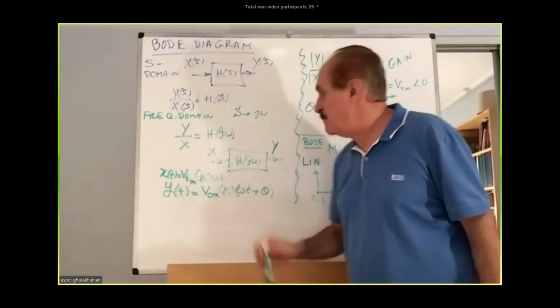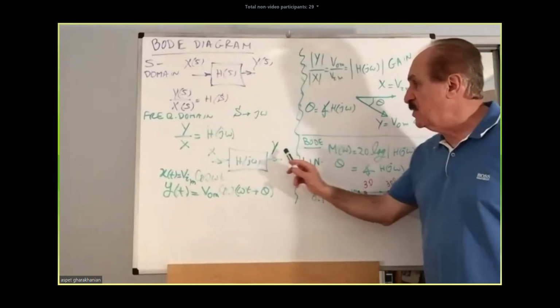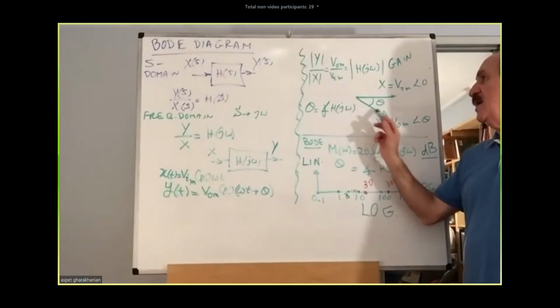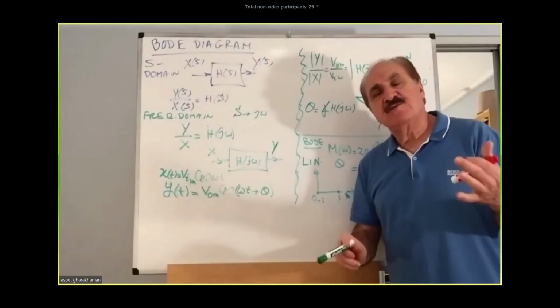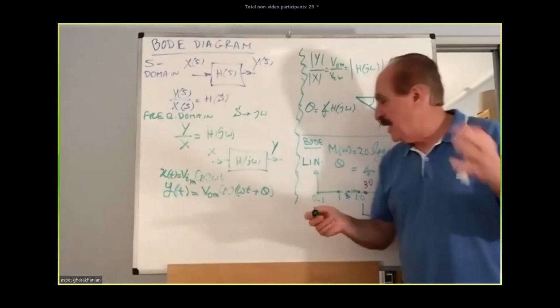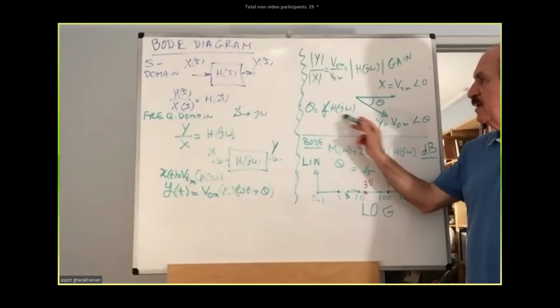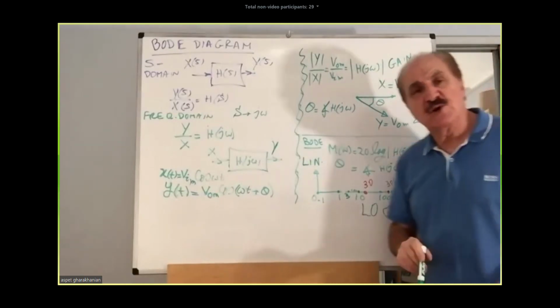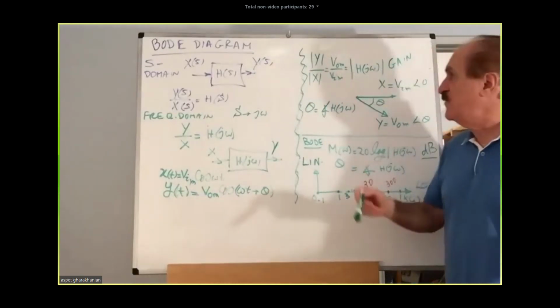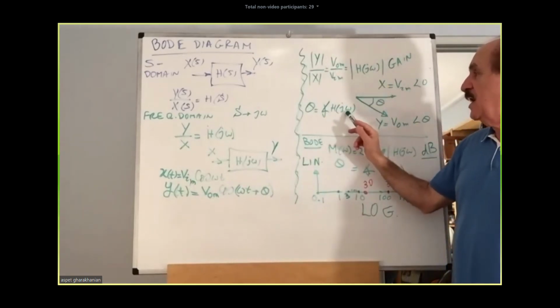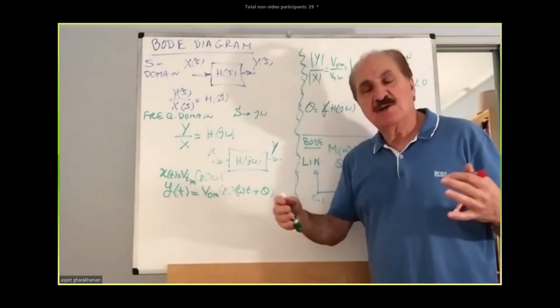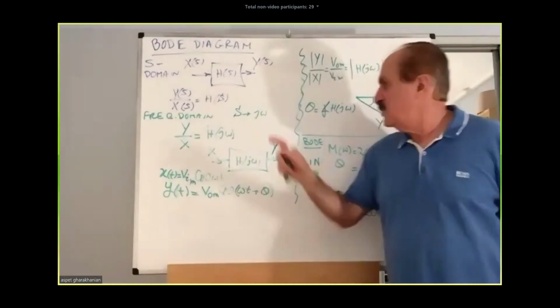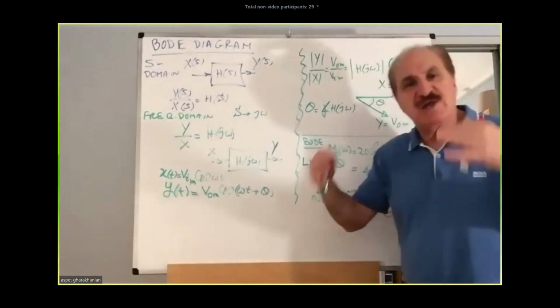So convenient. And the phase angle of the output can be calculated from the transfer function simply by figuring out the angle of H of j omega at that frequency of interest. And both of them, angle and gain, will change with frequency.